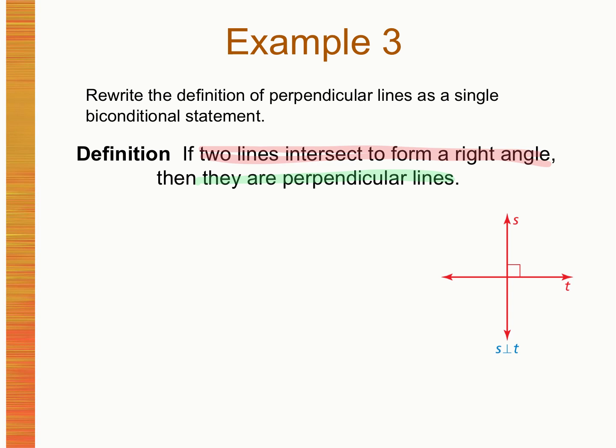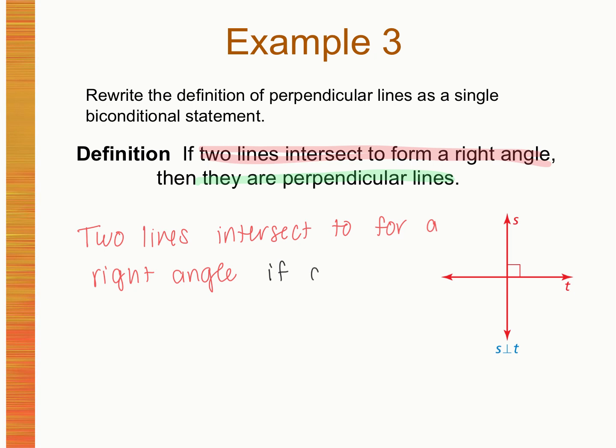So I'm going to write this one as, I'm just going to separate them to show you: two lines intersect to form a right angle if and only if they are perpendicular lines.